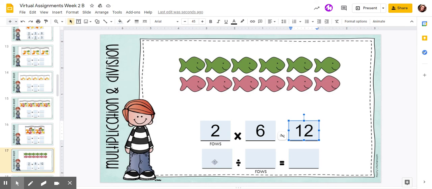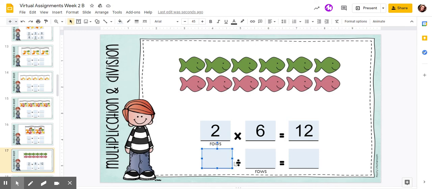Okay, now division, whole divided by part equals part. So my whole is 12. I have 12 total fish. So the first number for my division problem is 12. Now it's telling me specifically to focus on the number of rows. There are 2 rows. So I'm going to do 12 divided by 2.